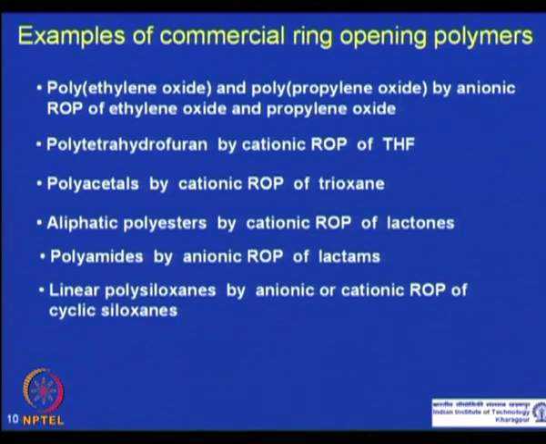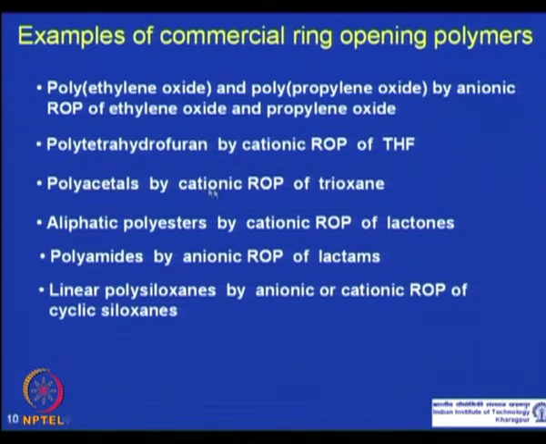Now, let us talk about a few examples of commercial ring opening polymerization. These are the polymers which are available commercially, which are made by ring opening polymerization. For example, polyethylene oxide and polypropylene oxide are synthesized by anionic ring opening of the corresponding cyclic monomers, ethylene oxide and propylene oxide. Polytetrahydrofuran is synthesized by cationic ring opening polymerization of tetrahydrofuran.